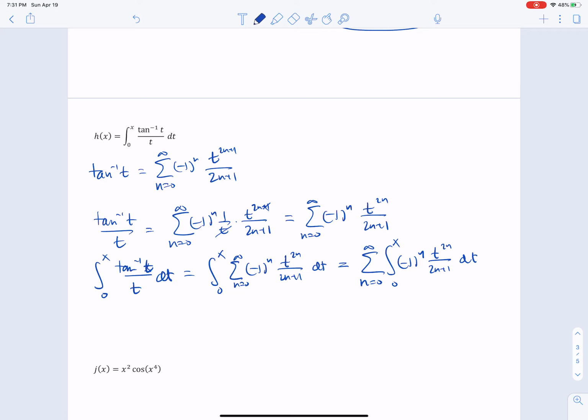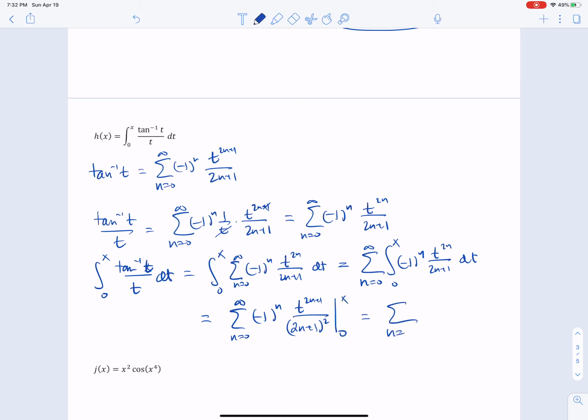And so I'm just going to integrate this termwise. I add 1 to the power and divide by the new power. And so it's going to be summation n equals 0 to infinity, minus 1 to the n, t to the 2n plus 1. And if I've got 2n plus 1 down there already, I'm going to wind up with 2n plus 1 squared. And I evaluate that between 0 and x.